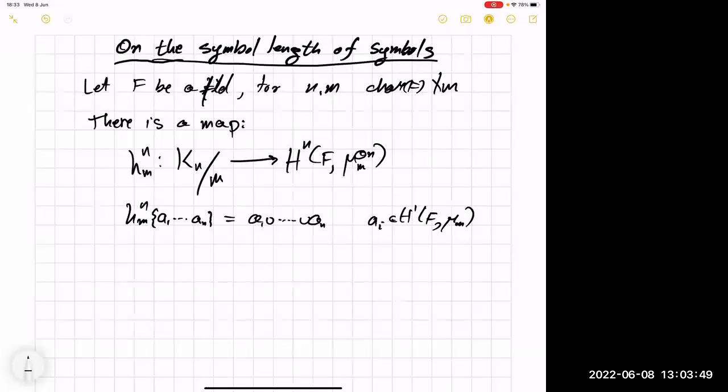And the Bloch-Kato conjecture was that this is always an isomorphism, which we now know.